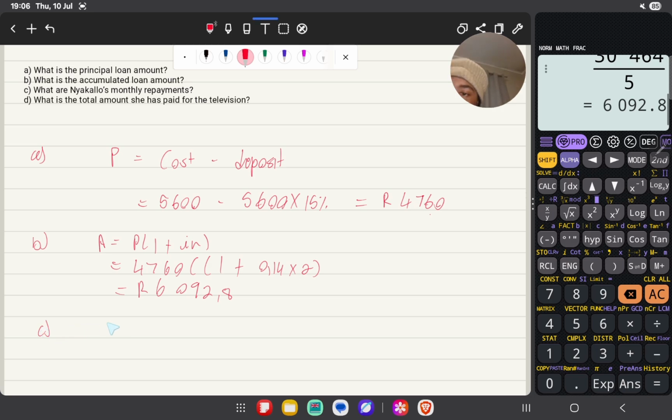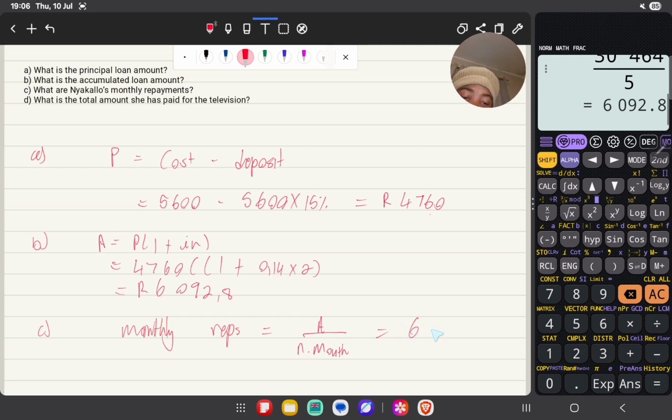Now we calculate how much money you will be paying based on this value. That is why for C, you're just going to say monthly repayments. Monthly repayments is going to be this money that we have, the accumulated amount, divided by the number of months.